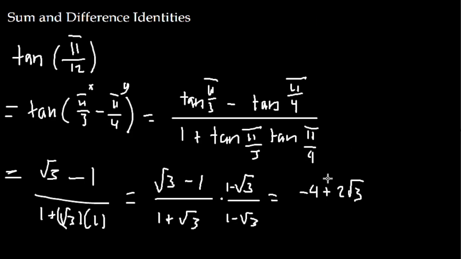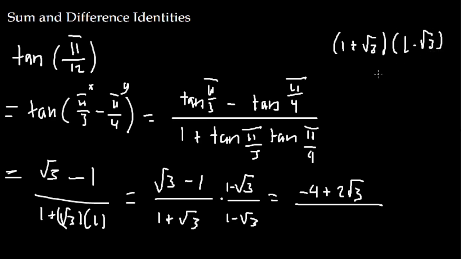Now we can erase this one to give way for the simplification of our denominator, which is 1 plus square root of 3 times 1 minus square root of 3. Now let us use FOIL method once more. 1 times 1 is 1, plus outside 1 times negative square root of 3 is negative square root of 3, plus inside square root of 3 times 1 is square root of 3.